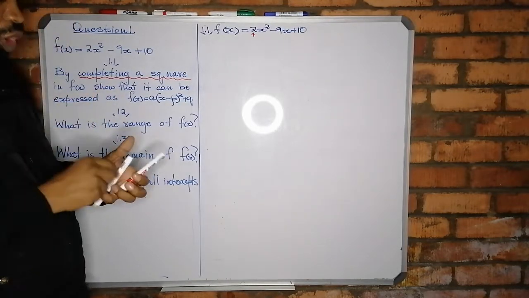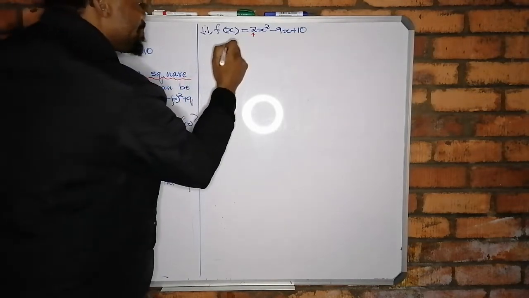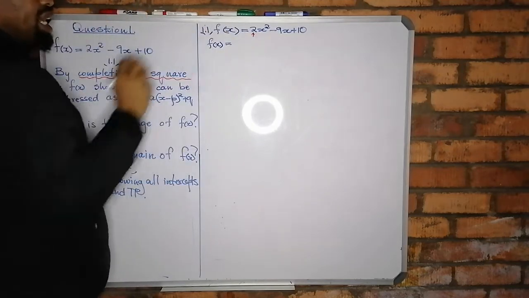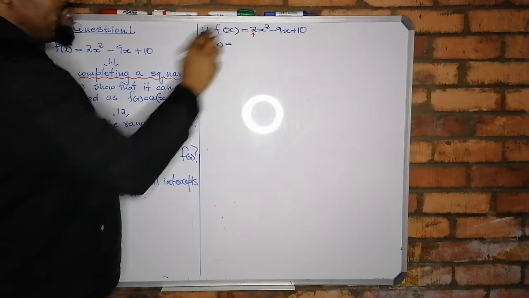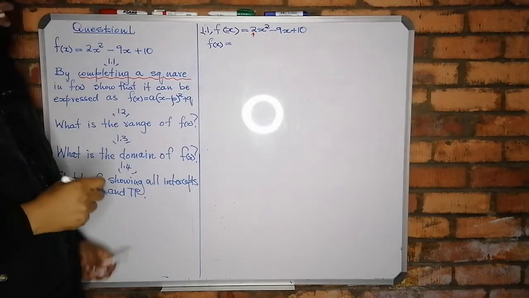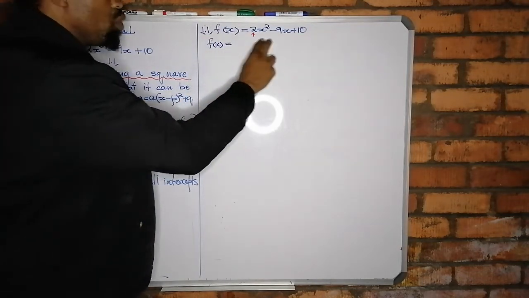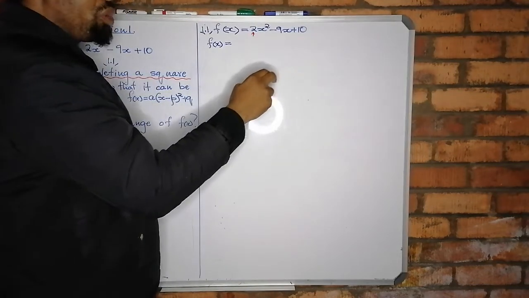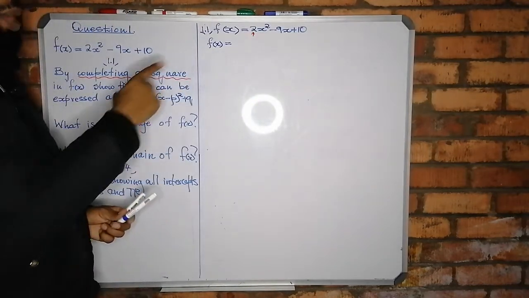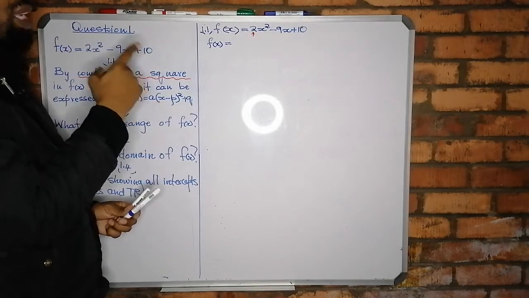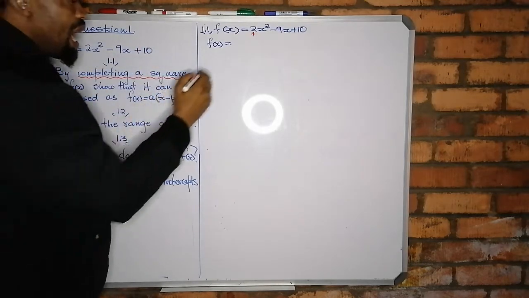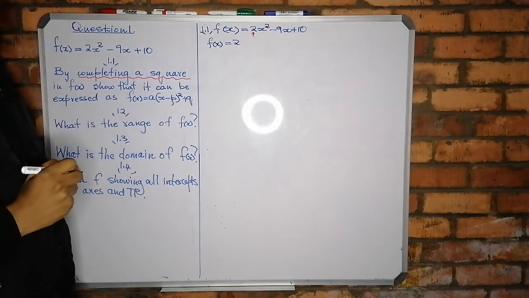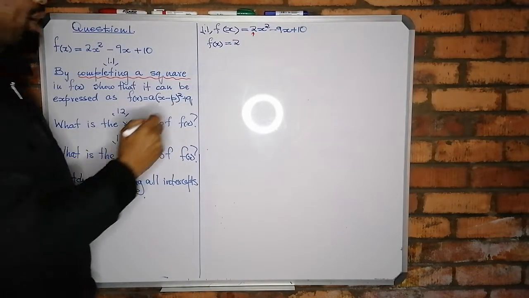Now, let's go through step number 1. Folks, f of x, I said the numerical coefficient of x squared must be 1. If it was an equation, I was going to divide throughout by 2. But now in this case, because it is an expression, I must remove 2 as a common factor.